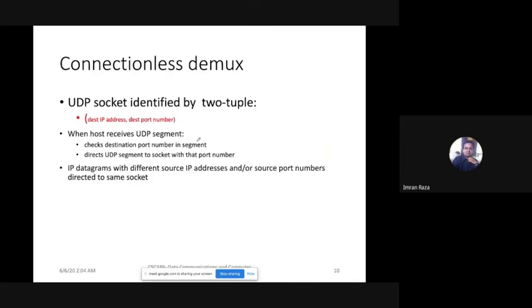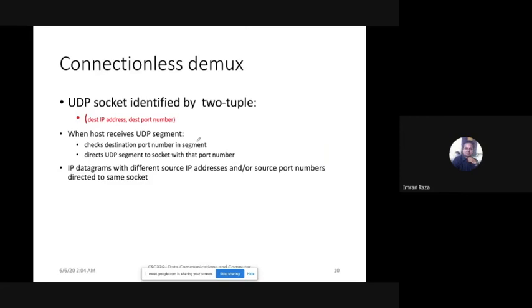Okay, so if we talk about UDP sockets, there are 2 tuples, 2 entries, destination IP address and destination port number, right? So the host, the receiver, when it receives data, checks the destination port number and makes a decision which process will be receiving the data, right?